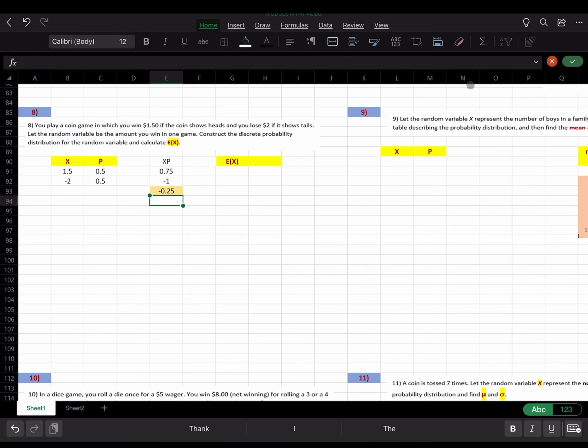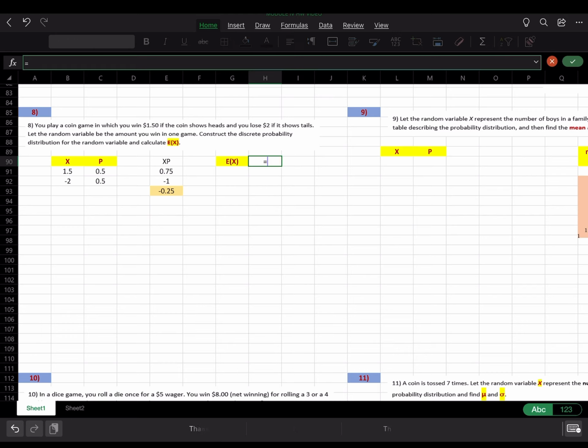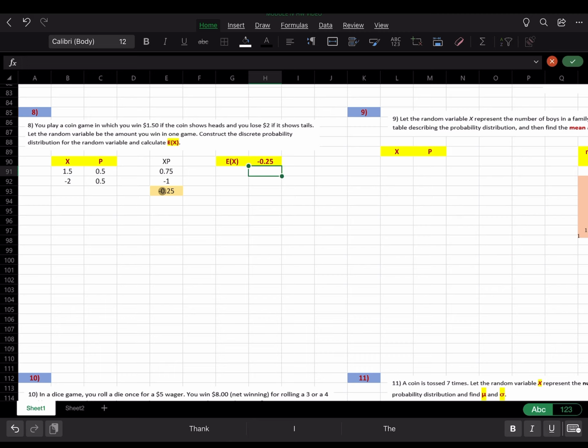So there's the sum, and that is the expected value, which is the sum of the XP's. So that's just equals negative 0.25. And there is my expected value. So negative 25 cents is the expected outcome in the long run.